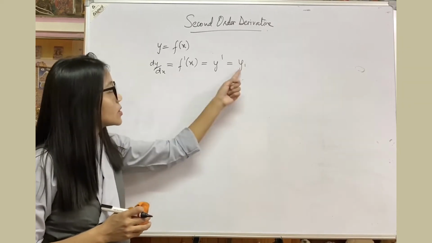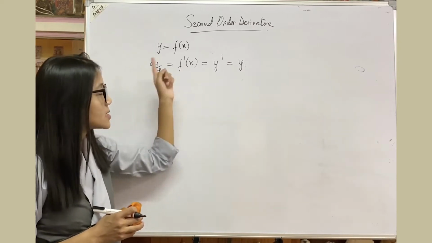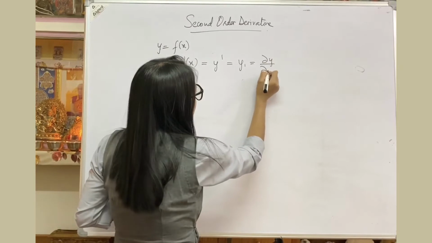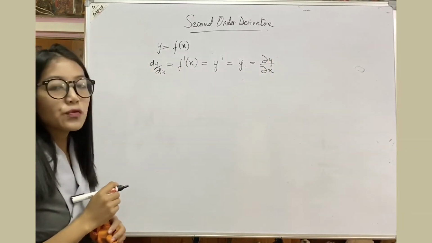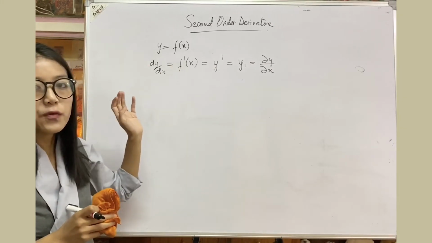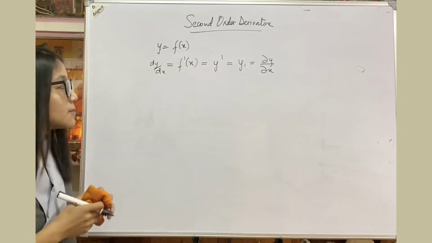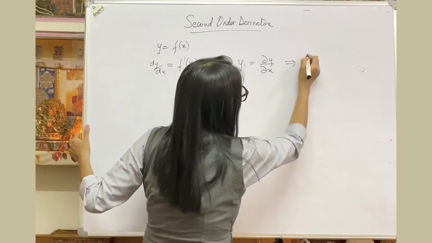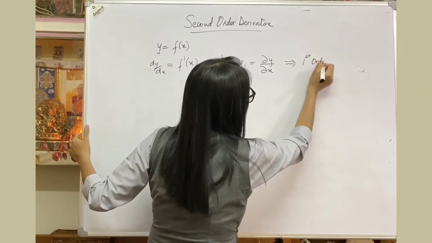Whether you write this or this, these are the same. All these four are the same. In some books you may see curly y by curly x, which is also a notation for the derivative of y with respect to x. So all these are notations used for first order derivative.